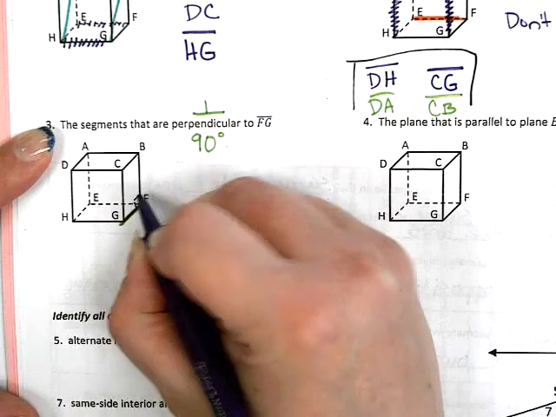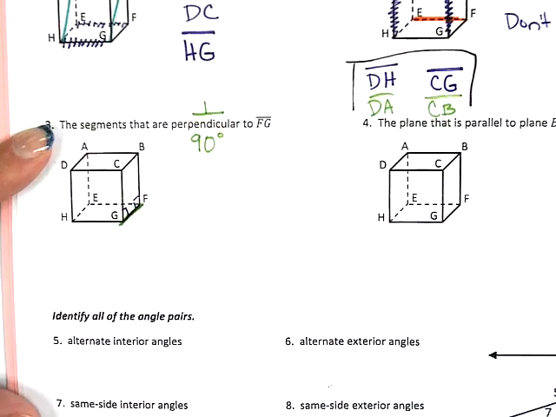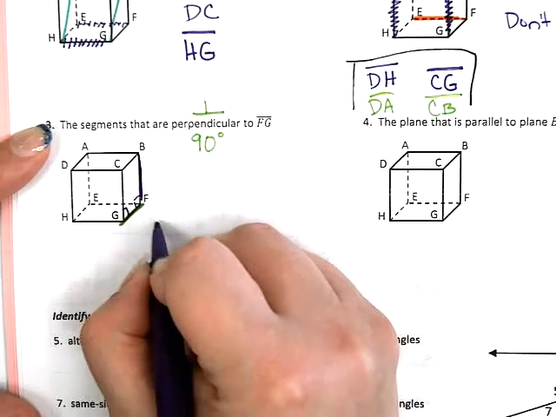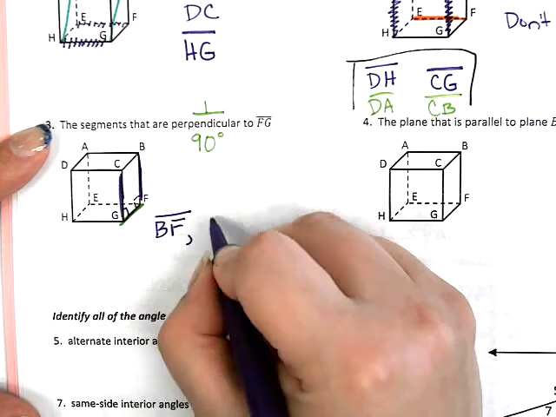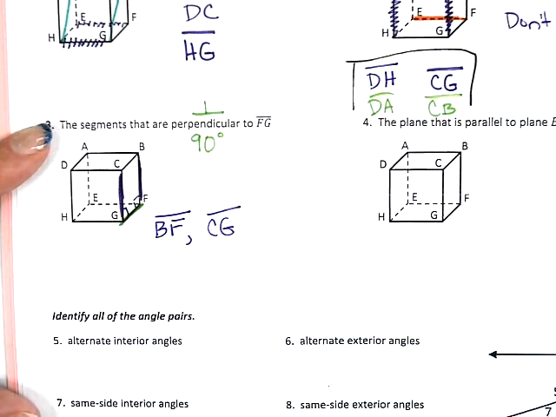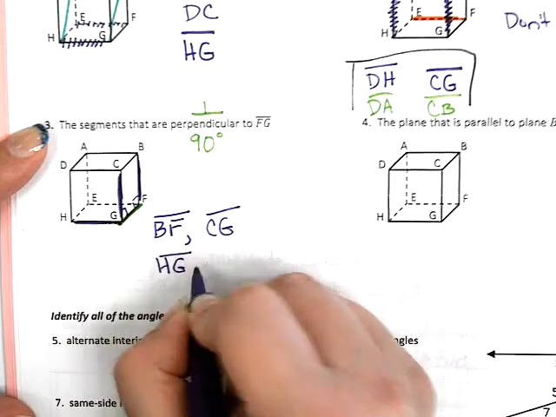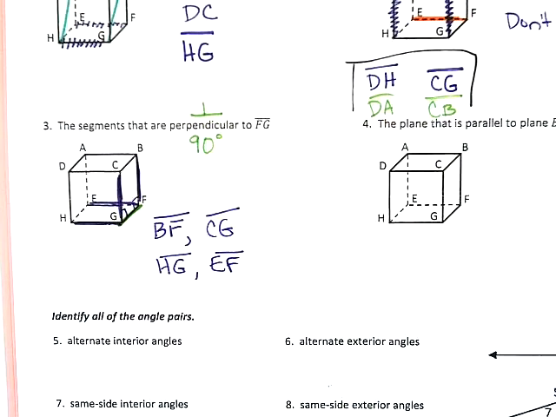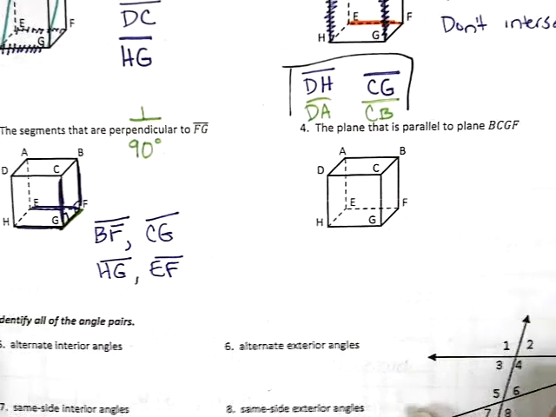So we actually have perpendicular lines right there and right here, and we have them on the base as well. So BF would be perpendicular to FG, and CG would be perpendicular to FG, and so would the two that are along the bottom there, HG and EF. See how those four together create the right side and the bottom side of the box, right? And that's where GF lies. So those ones are perpendicular.